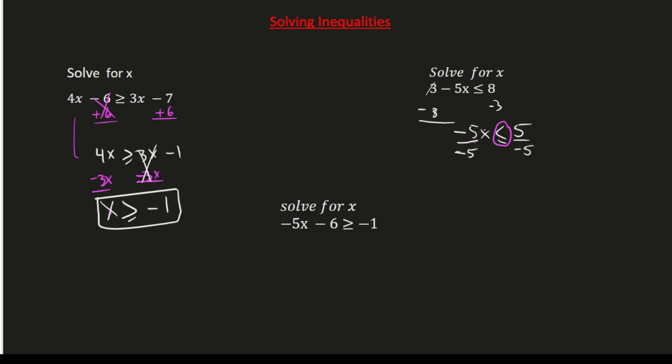You see that one here? Now it becomes greater than or equal to, because we divide by a negative number, and this is equal to 1, right? I'm going to bring down my x here. So x is greater than or equal to 5 over negative 5. This is minus 1.